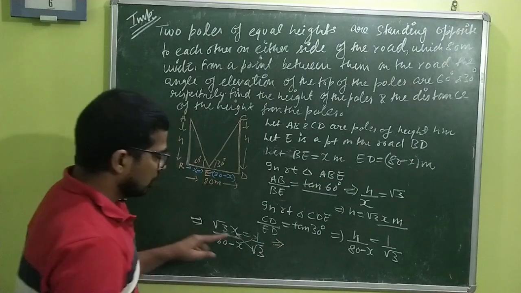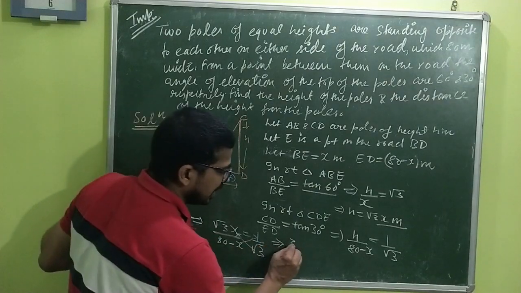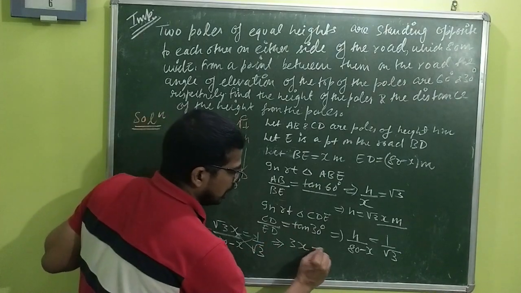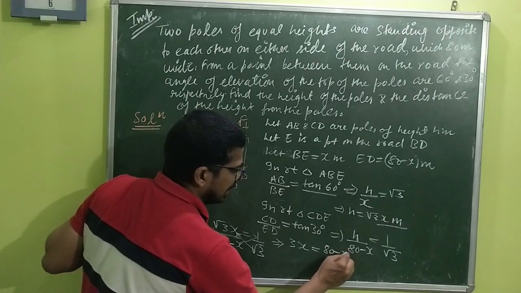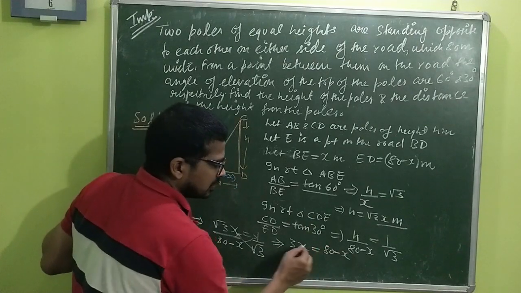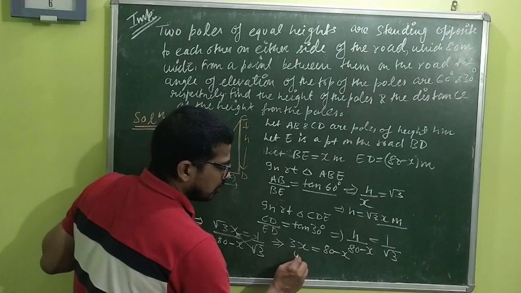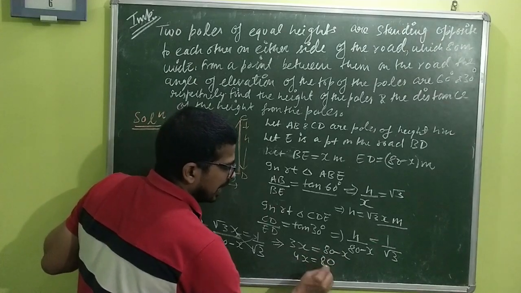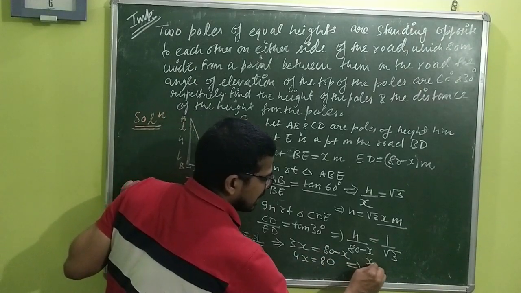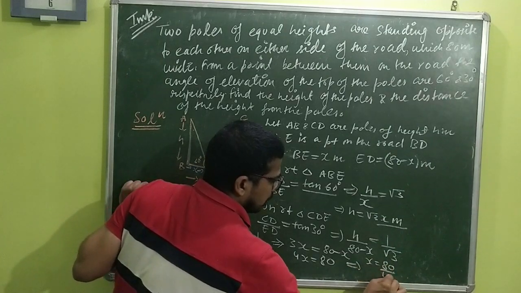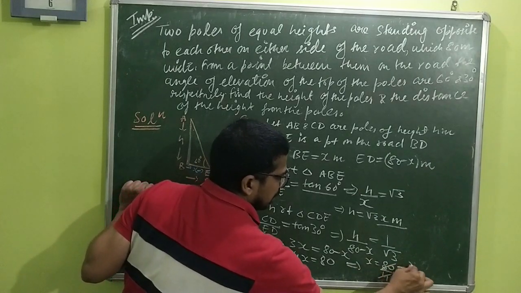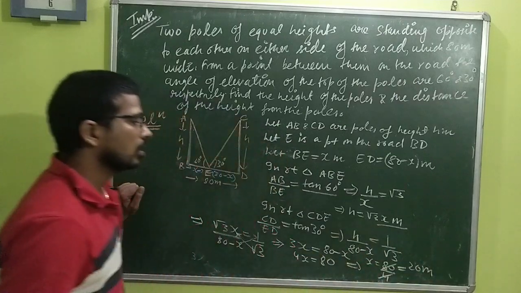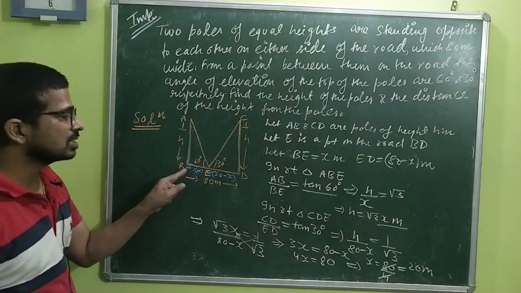We know that root 3 into root 3 will become 3, so 3X is equal to 80 minus X. X will go to this side, this will become plus. So 4X is equal to 80. So X will be equal to 80 upon 4, it will become 20 meter. Okay, so I have got X is equal to 20 meter.